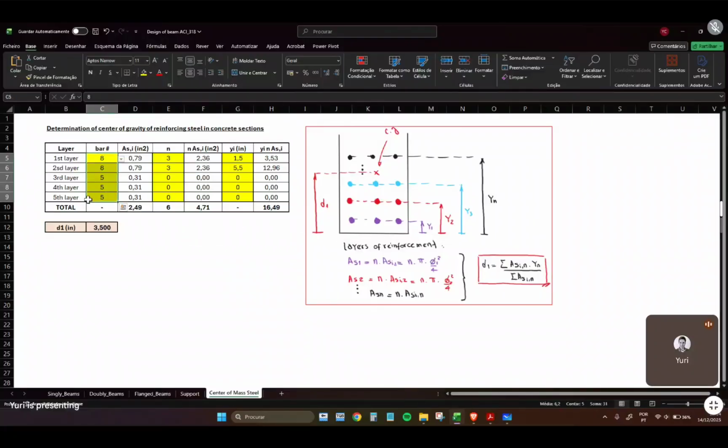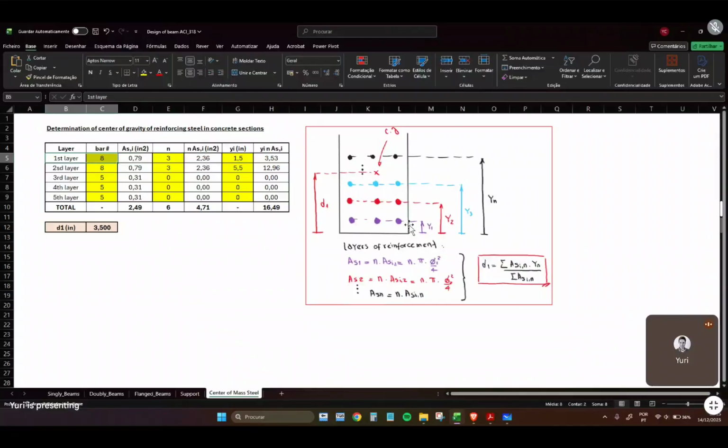So here you can put the information of the bar numbers in 5 different layers. If you want, you can increase this much. And the number of bars. And here the distance from the bottom part to the center of gravity of that layer. Here, as you can see, every layer is going to be designed with one type of bar.